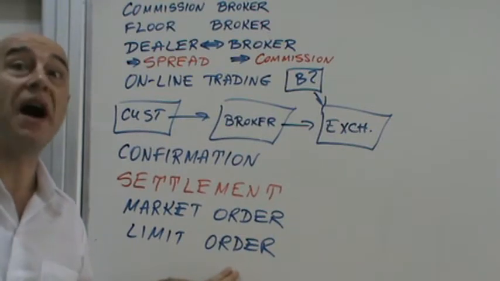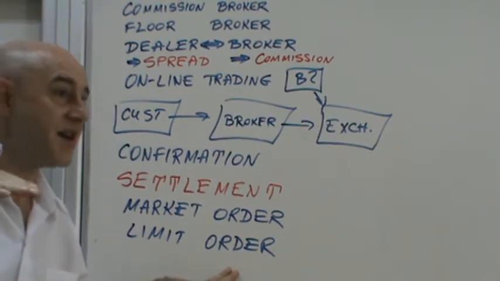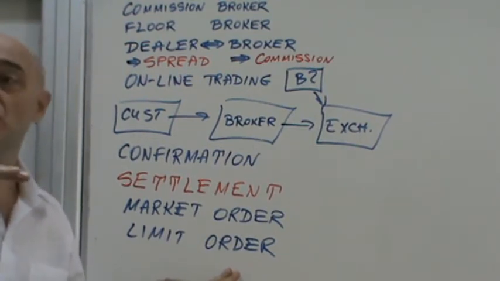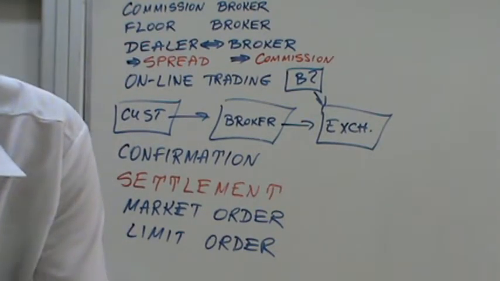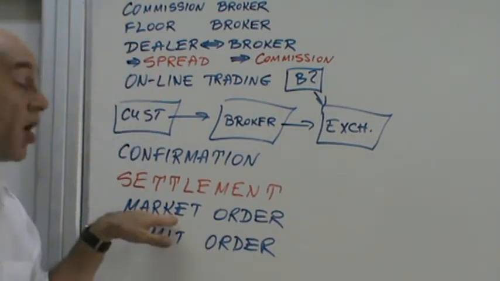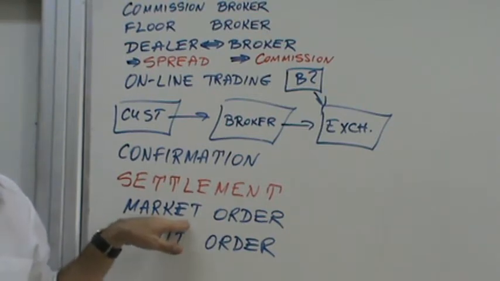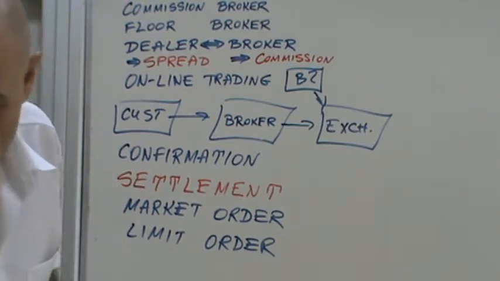So if you want to buy with a limit of $20, you can buy at 19, 18, 17, but you won't buy at 21, 22, or even $20.01. And I think I explained last time that in the market order, the quantity that you want to buy is guaranteed, but not the price. In the limit order, the price is guaranteed, but not the quantity.